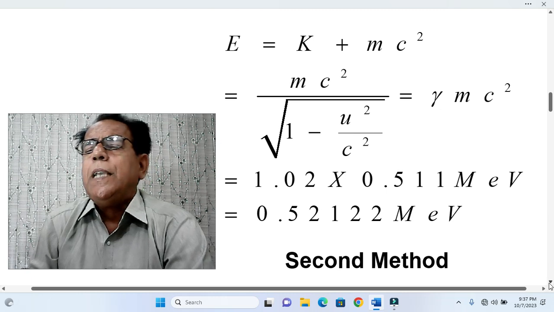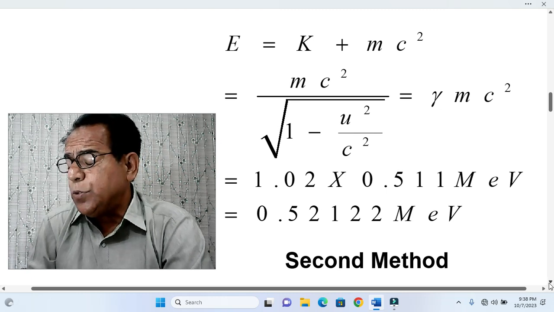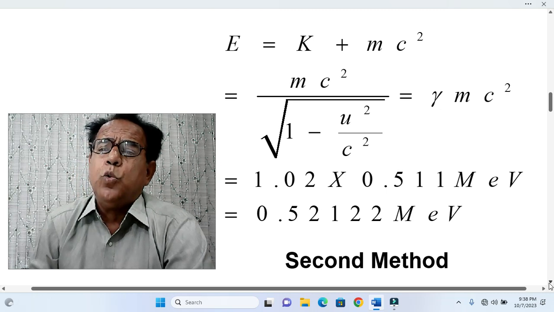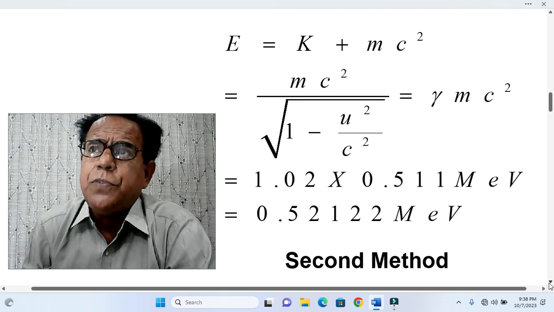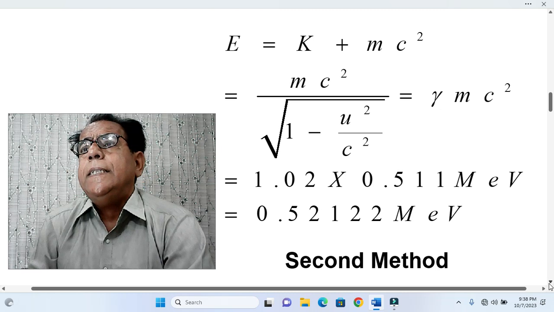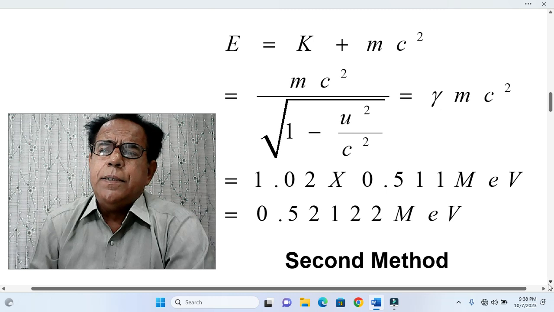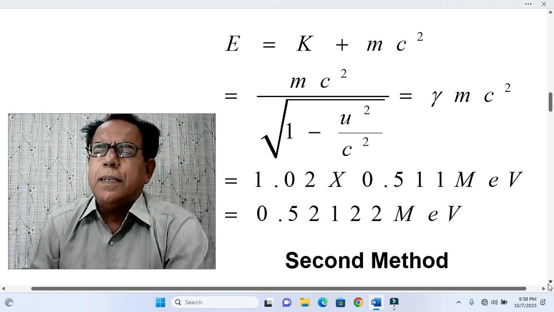Dear students, we can find this value by another method. Because we have introduced several snapshots, in accordance with the philosophy conveyed by these snapshots, we can solve a part by more than one method.